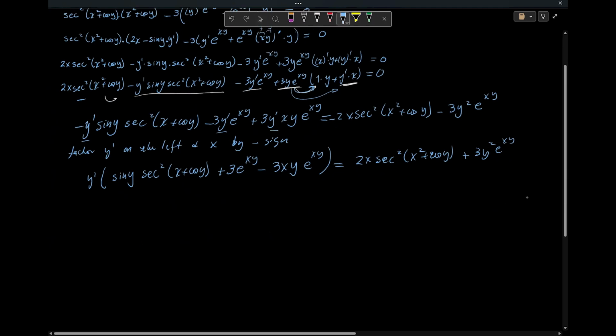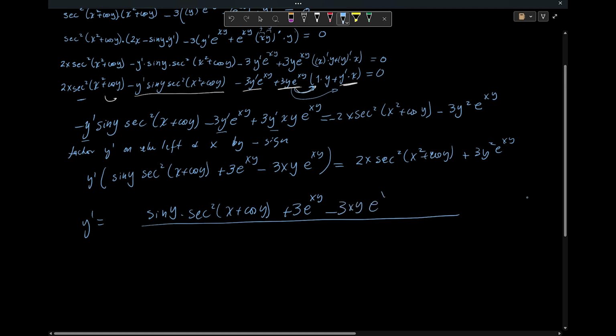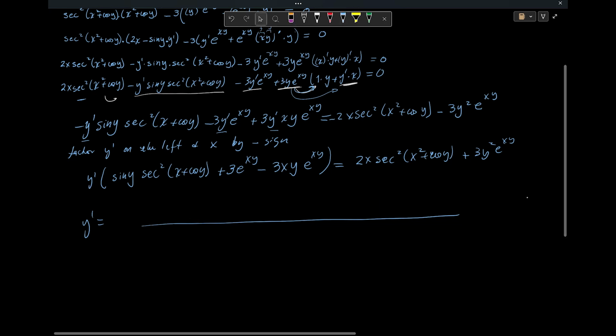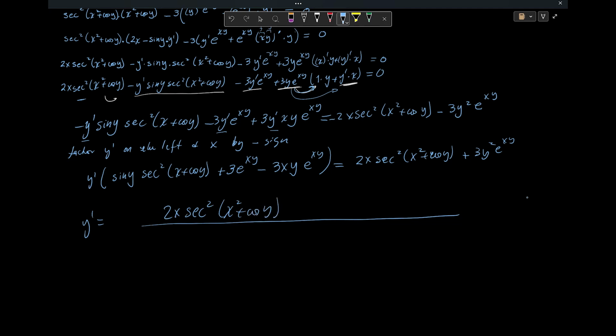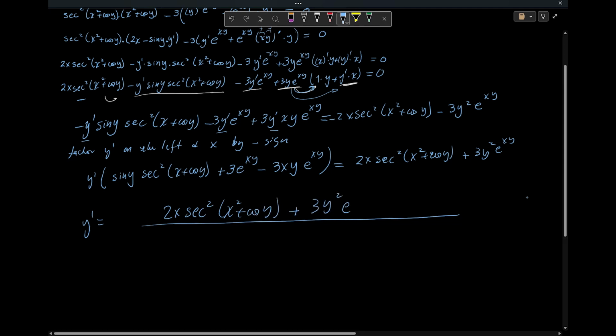And now I can solve for y prime. Sine y, secant squared x plus cosine y. Oops, my algebra is not correct, so it'll be the right side. Plus 3y squared e to the xy over this.